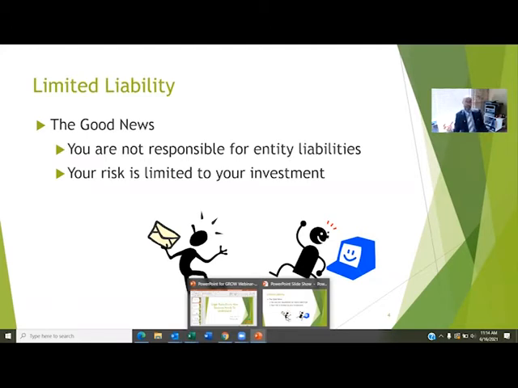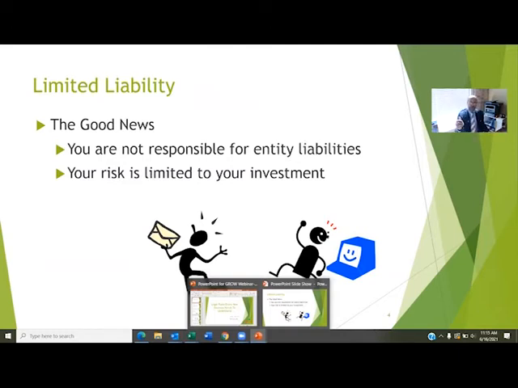What the limited liability implies is that your investment in your business is what's at risk and not your personal assets. And so the LLC protects your business from liability, and your personal liabilities don't stand for anything that happens with your business.